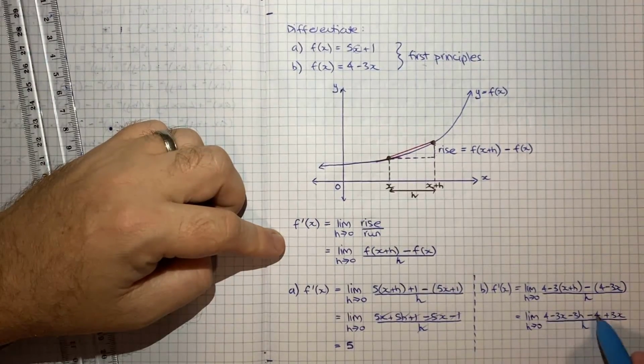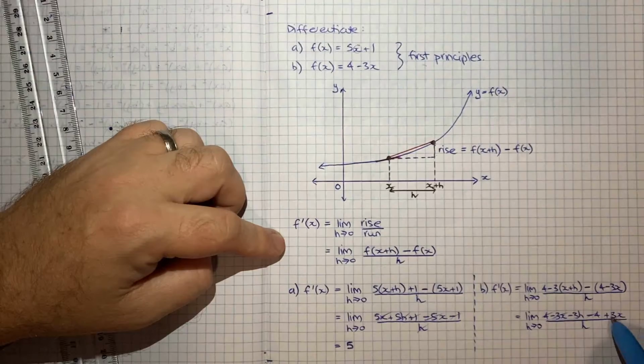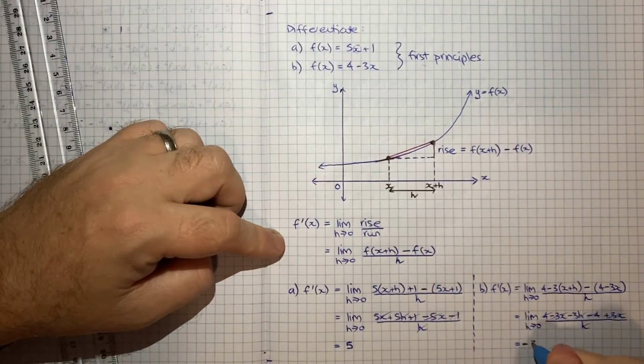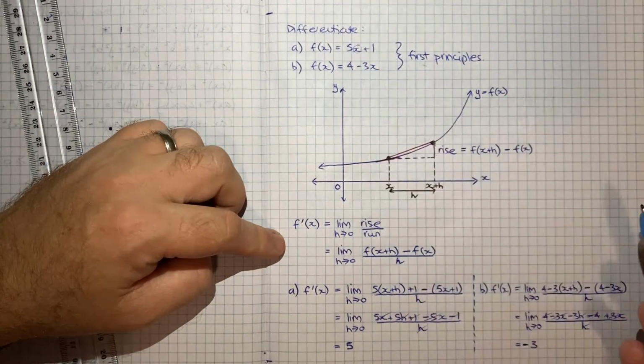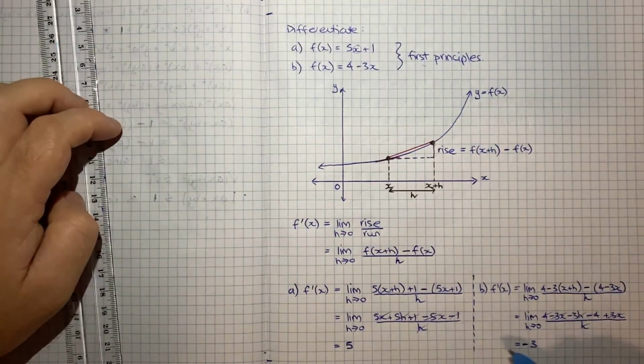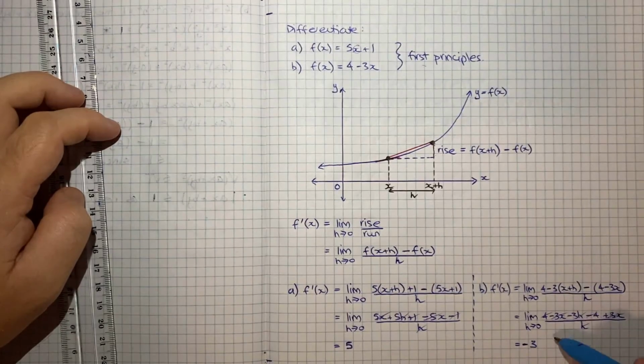And here the 4 and the minus 4 cancel, the minus 3x and the plus 3x cancel, and then we've got negative 3h on h, the h's cancel, and we're left with just negative 3, which again is what I mentioned using the rule that I know is the right answer. So in both cases, first principles has got us to the right place, so that's good news.